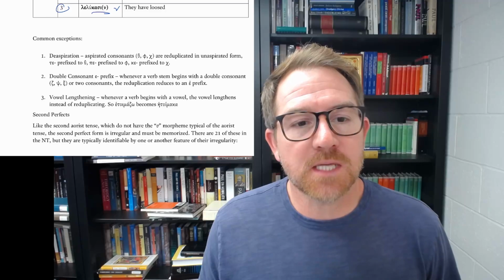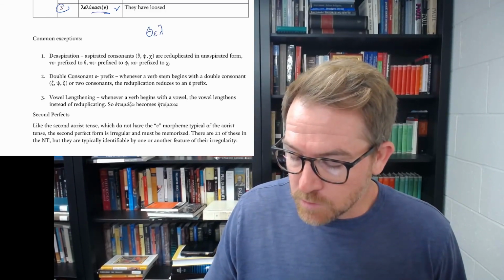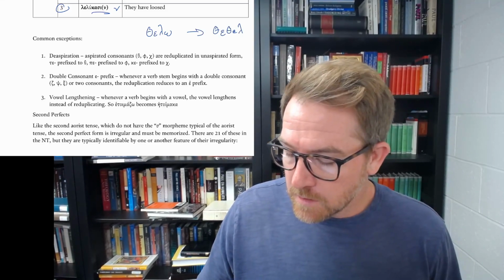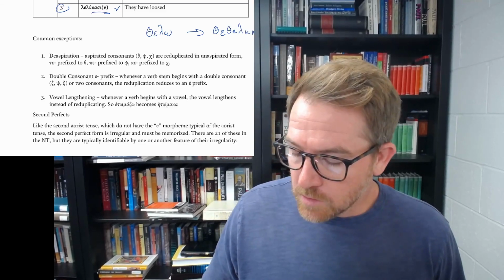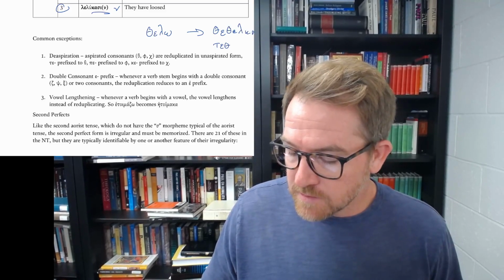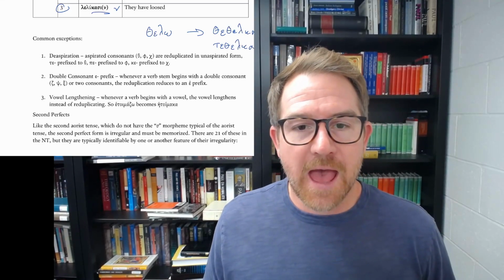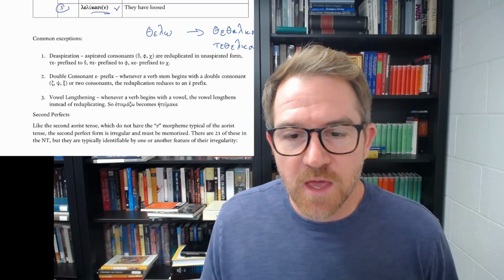That is, instead of having thelo reduplicate to thel, thelka, you're going to have it be tethelka, because you don't want to have the theta reduplicated. It's hard to go thithi, thithi, thithi.